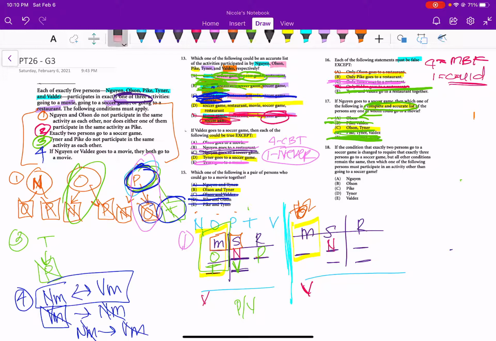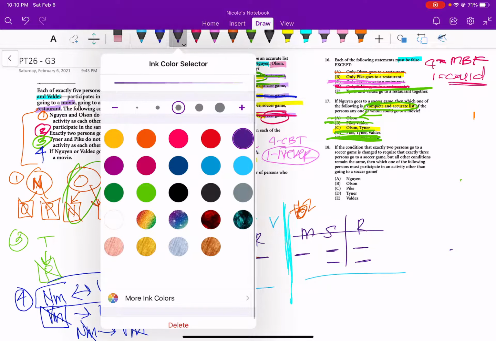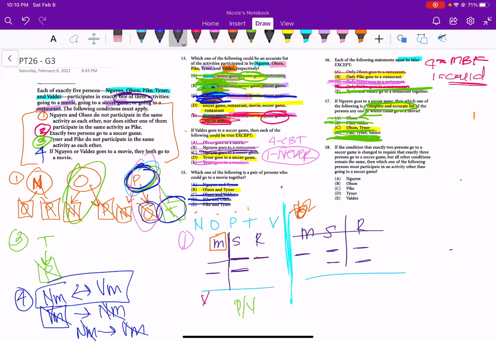All right, and then our last question. If the condition that exactly 2 people go to a soccer game is changed, okay, so it's saying we're changing this rule. So this rule that 2 people have to go to a soccer game, so I'm going to put it right here.